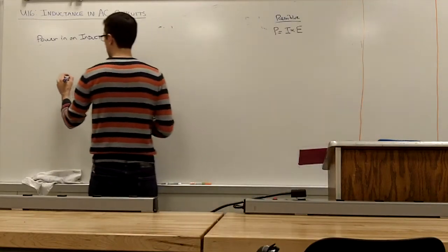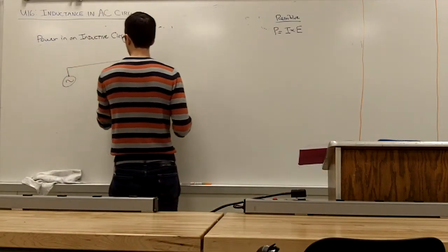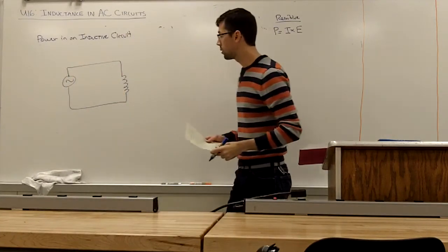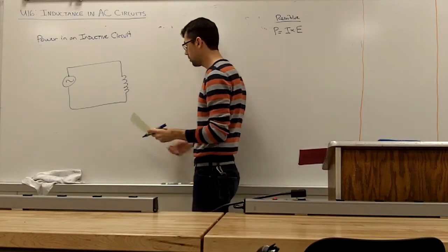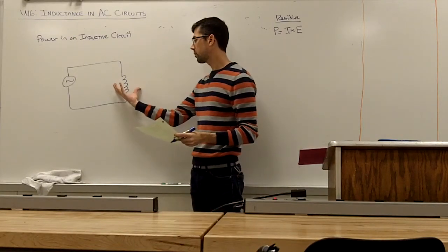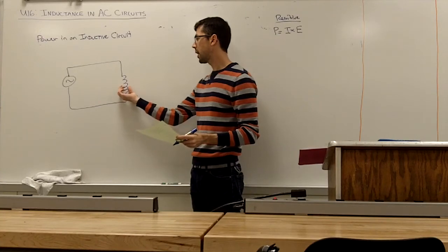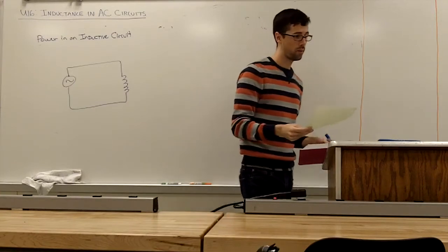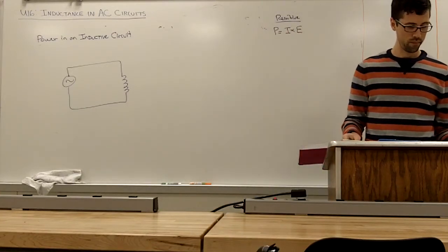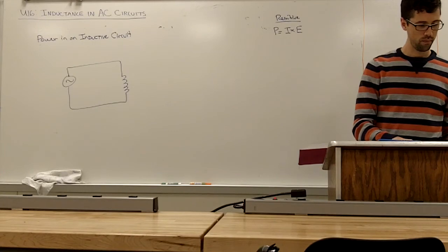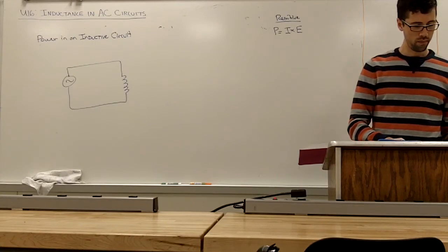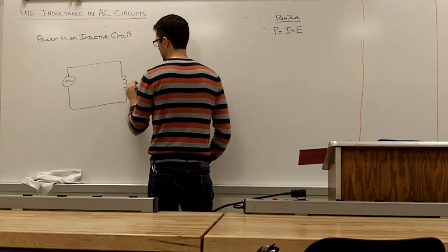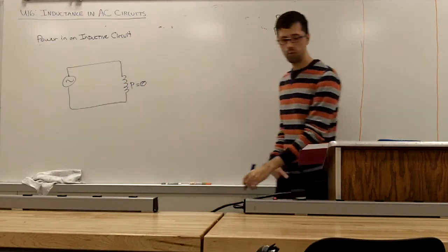So in a purely inductive circuit, all the power from voltage and current goes into creating a magnetic field around the inductor. And then that magnetic field, when it collapses, puts power back into the circuit. But we cannot actually extract any of that power. And so that means that the true power P, in an inductive circuit, would be 0 watts.